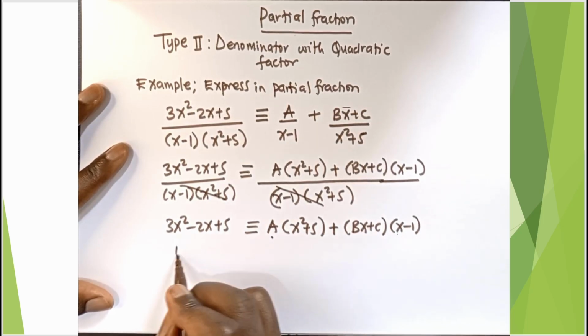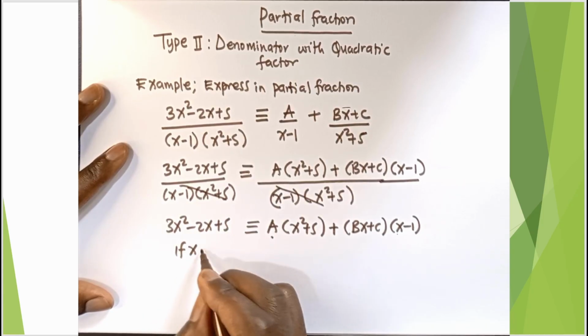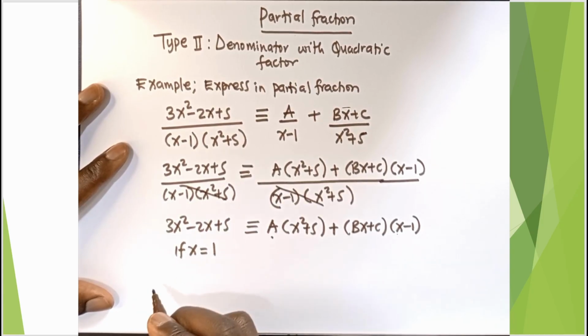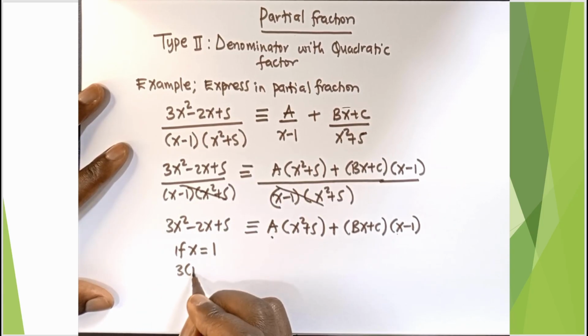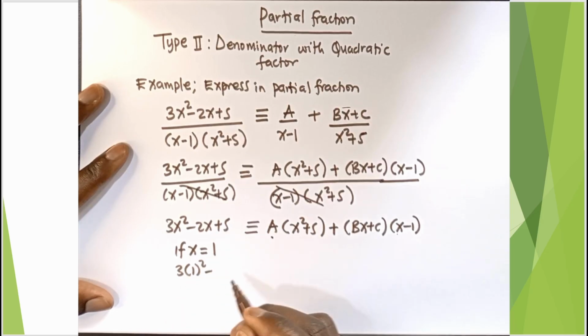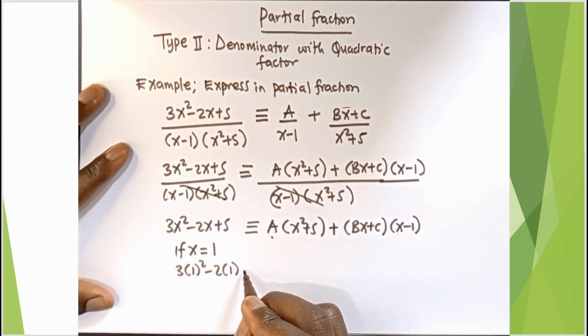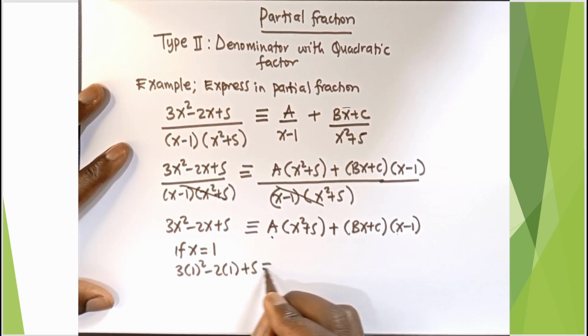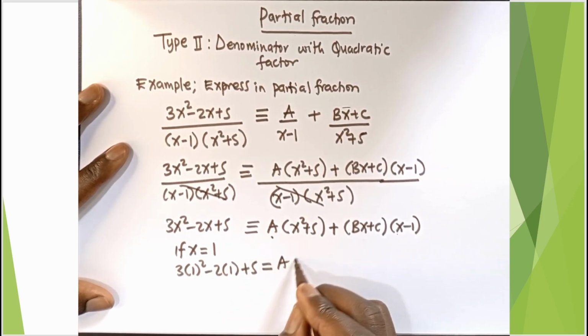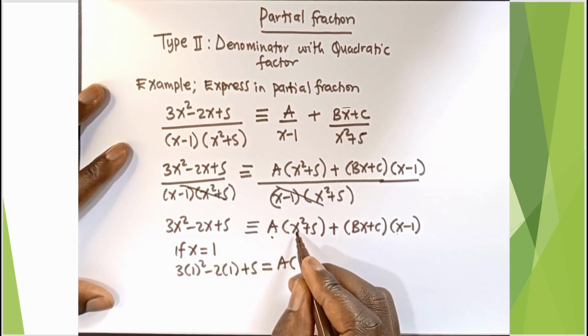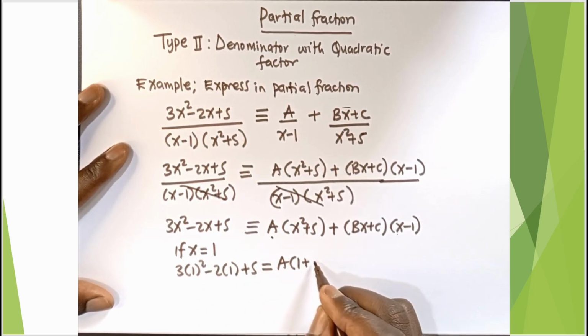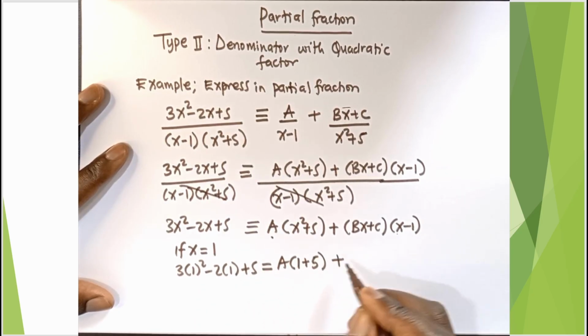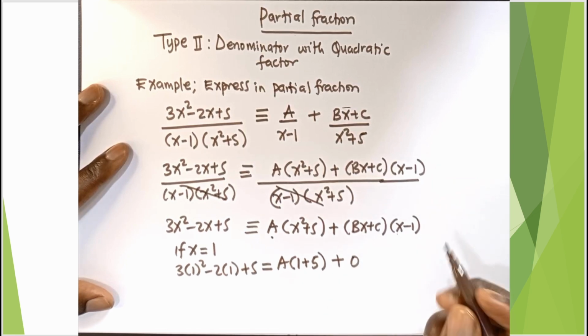So if x is equal to 1, I'll have 3 into 1 squared minus 2 into 1 plus 5 is equal to A into 1 squared, you get 1 plus 5, and then this whole thing goes to 0.